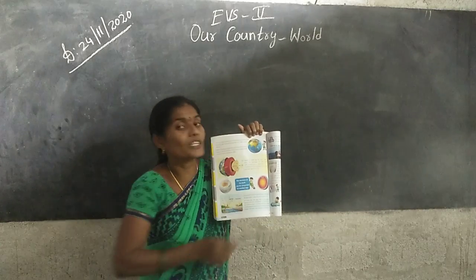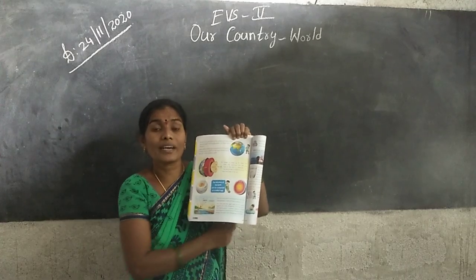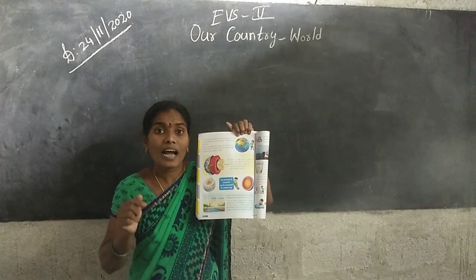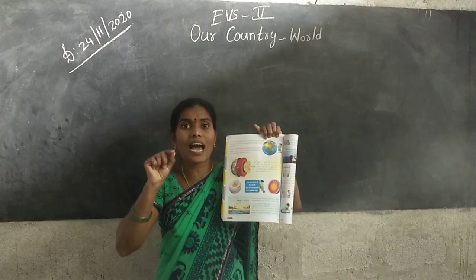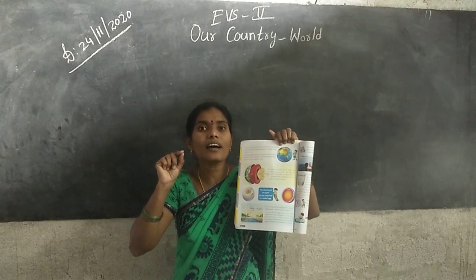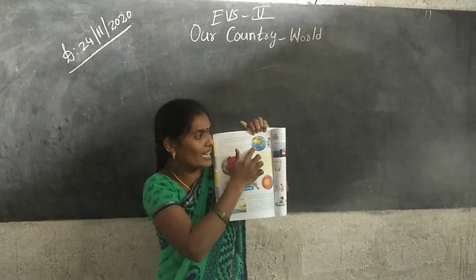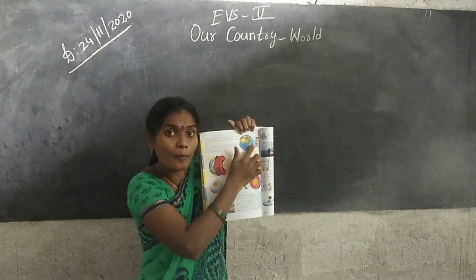A boy is observing the globe. On the globe, oceans are colored blue.